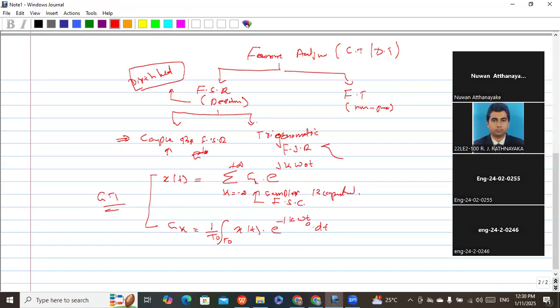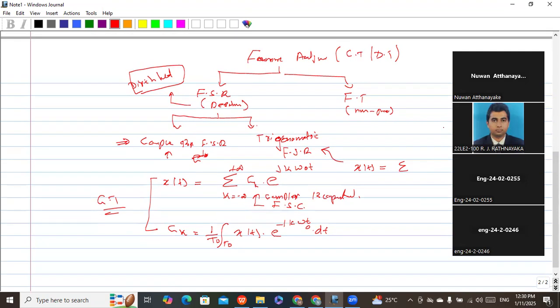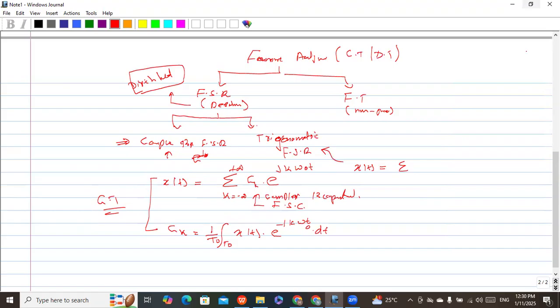There you can represent any signal as a sum of sinusoidal signals, sine and cosine signals. Actually, a DC component is there: a k cos(omega naught kt) plus bk sin(omega naught kt).